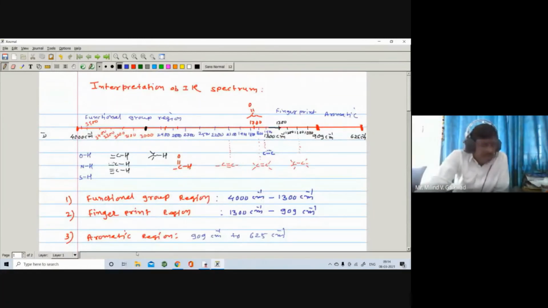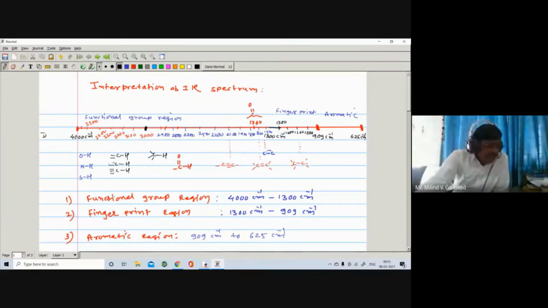You can also write the value in the chat box. Check the functional group region above 3000. I have given the value: the hydrogen atom directly attached to the double bond, triple bond, and benzene. In the spectra, it is between 3100 to 3200.